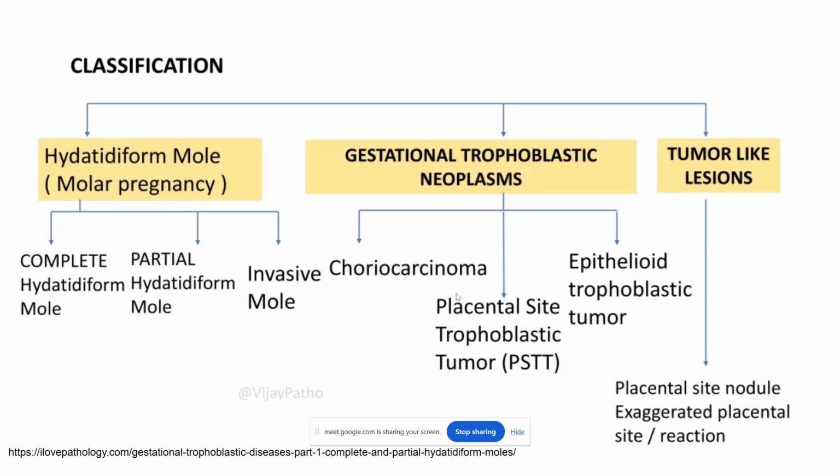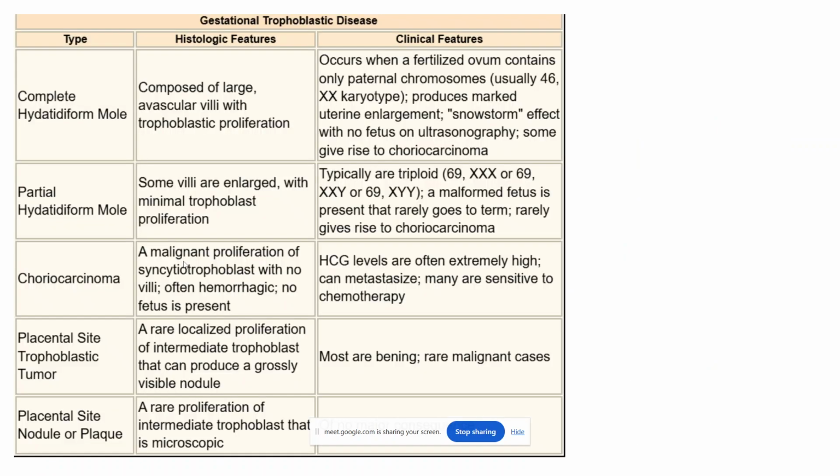Gestational trophoblastic neoplasms are further categorized into choriocarcinoma or placental site trophoblastic tumor. Then there is one more condition called a tumor-like lesion, which is the placental site nodule. But these are very rare conditions. The majority of the patients we see have molar pregnancy, where you have complete, partial, or invasive.